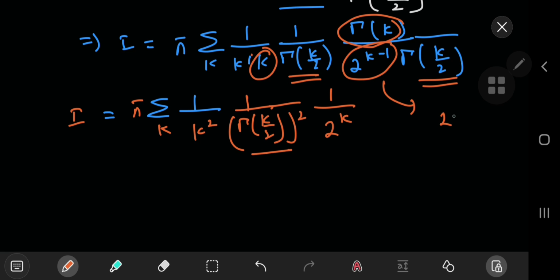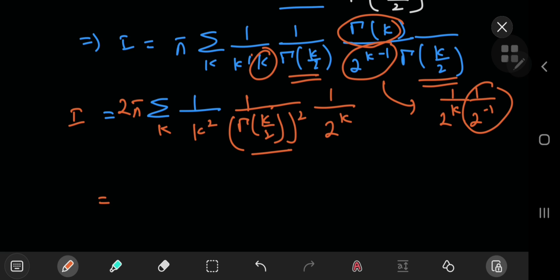We had 2 to the k times 2 inverse in the reciprocal form, right? So if you take this term outside of the sum, it will be multiplied. So you have to multiply pi by 2, not divide pi by 2. Anyway, so here we have a sum, an infinite sum for I.